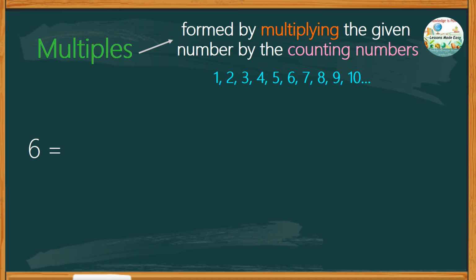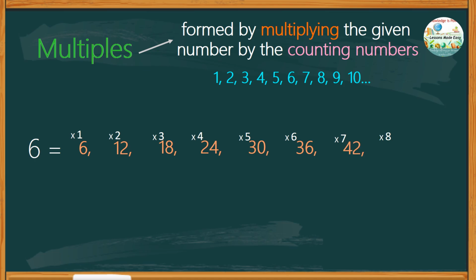It's just like looking at the 6 times table. Starting with 6 times 1 equals 6, 6 times 2 equals 12, 6 times 3 equals 18, 6 times 4 equals 24, 6 times 5 equals 30, 6 times 6 equals 36, 6 times 7 equals 42, 6 times 8 equals 48, and so on.